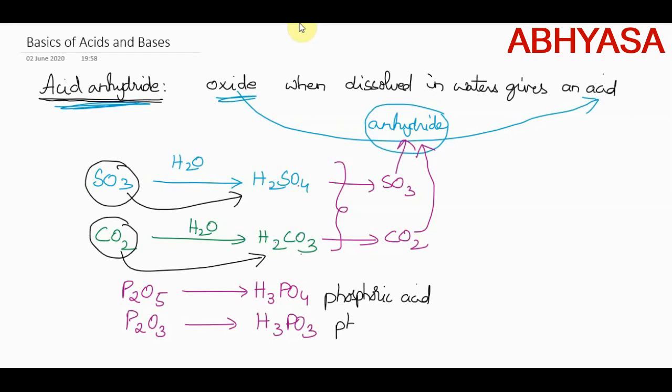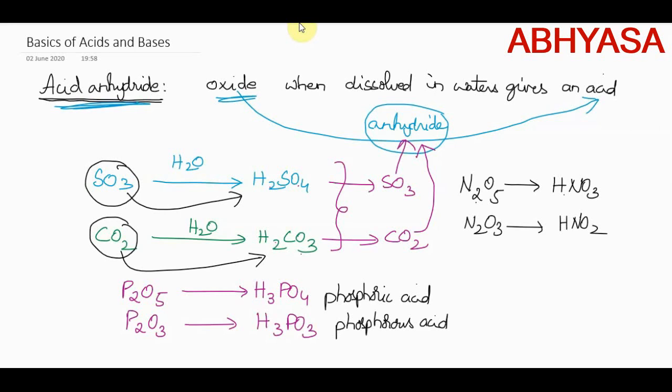And this is phosphorus acid. When we take nitrogen pentoxide and that is dissolved in water, we get nitric acid. So the anhydride of nitric acid is nitrogen pentoxide, and the anhydride of nitrous acid is nitrogen trioxide.